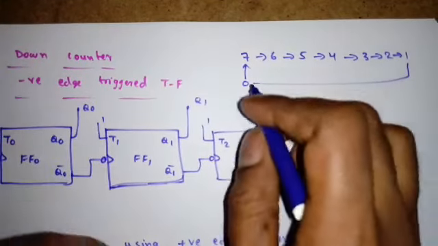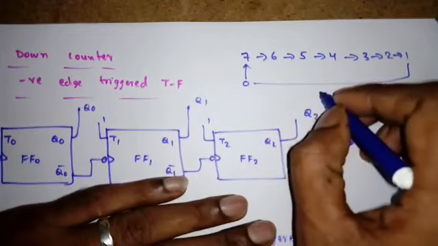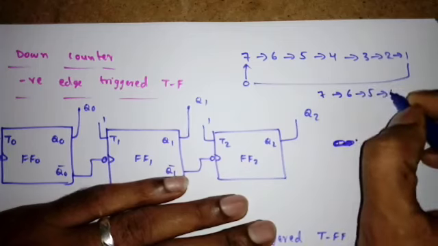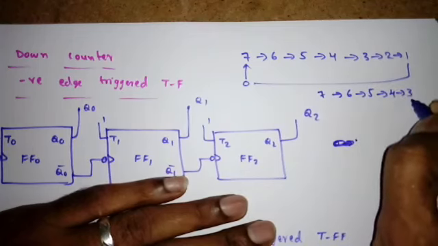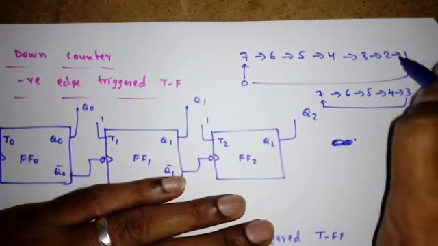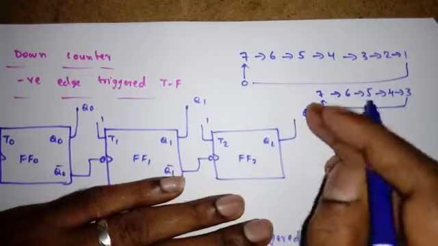Yes or no? It will do like this only. Suppose it started from 7, 6, 5, 4, 3. Suppose I have to come back to 7 again, right? I have to skip 2, 1, 0. I have to skip these 3 states and come back to 7 again.